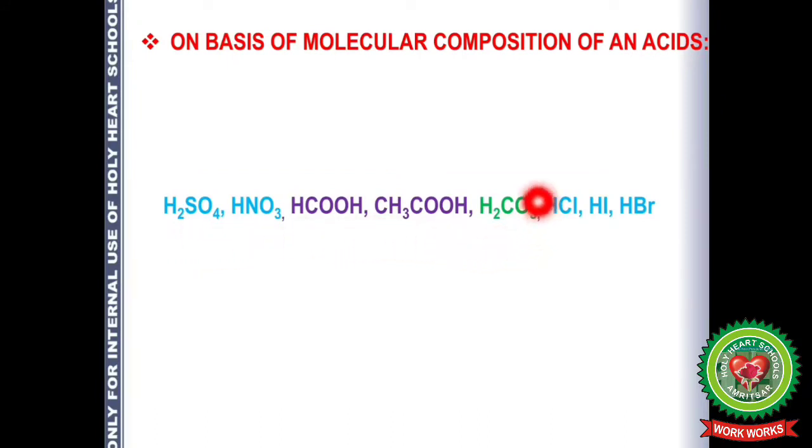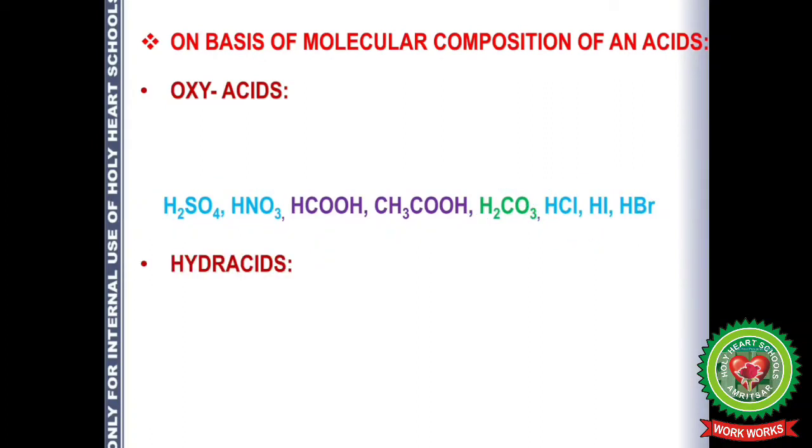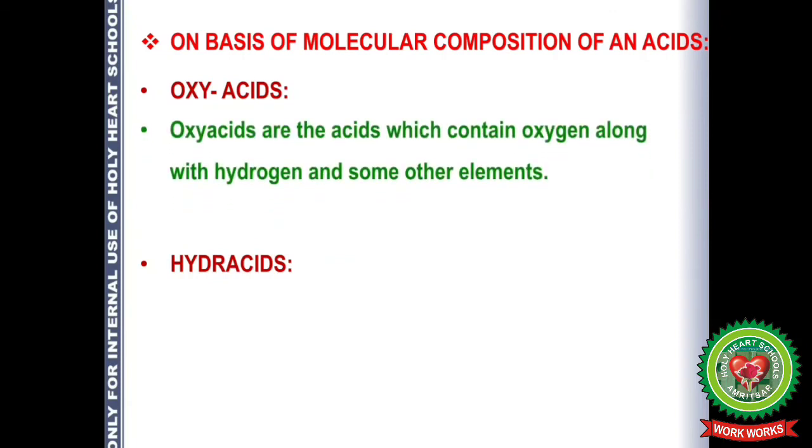But one more thing that we can notice here is that some of the acids contain oxygen and some of the acids do not contain oxygen. So the acids that contain oxygen are known as oxyacids, and the acids that do not contain oxygen are known as hydroacids.